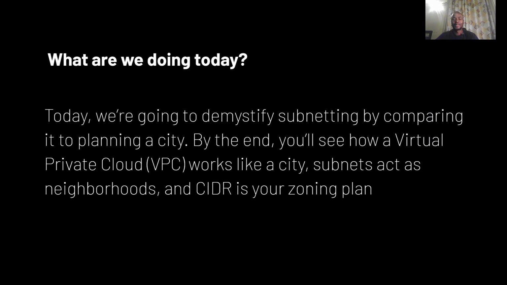Today we are going to demystify subnetting by comparing it to planning a city. Looks interesting, right? By the end, you'll be able to see how a VPC, our virtual private cloud, works like a city, and subnets act like neighborhoods, and our CIDR is for planning and organizing.